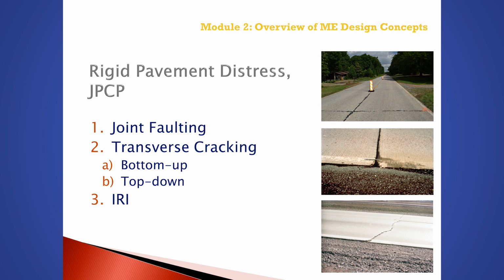More importantly, no mechanistic response is used to predict IRI over time. The prediction model is just an empirical relationship. A description of the regression equation is included in Module 5 for jointed plain concrete pavements. IRI is calculated from joint faulting, transverse cracking, the initial IRI, and a site factor variable.